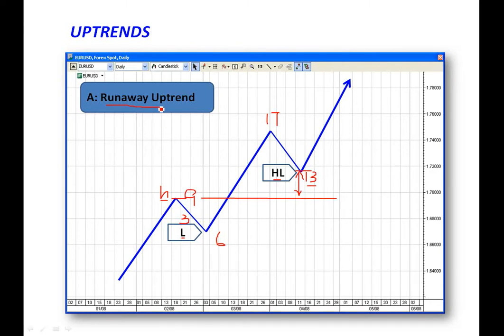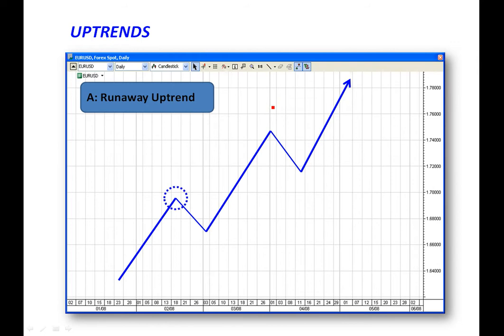We call this a runaway uptrend. Can you clearly see this over this blue color circle and this red color circle?